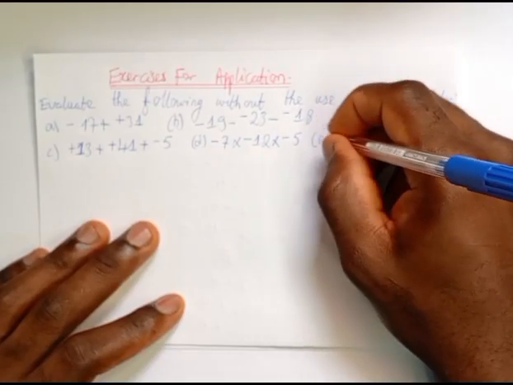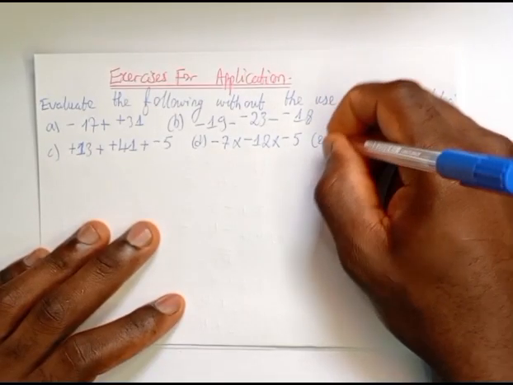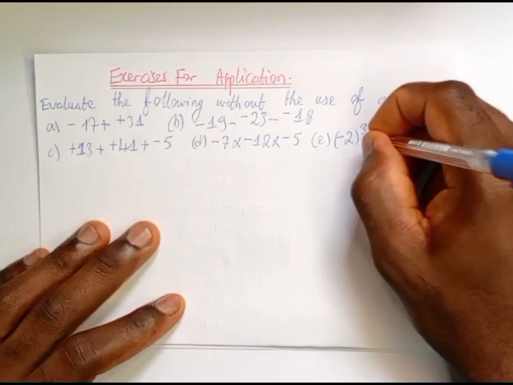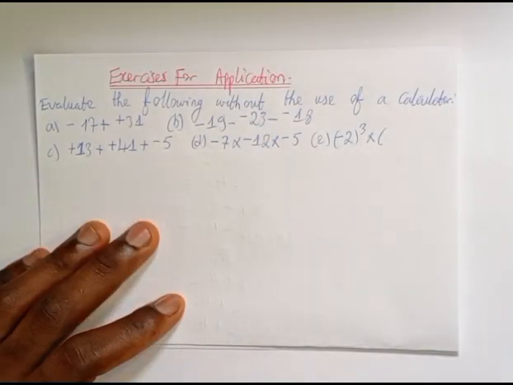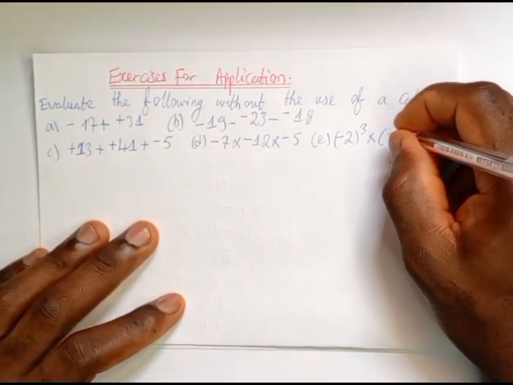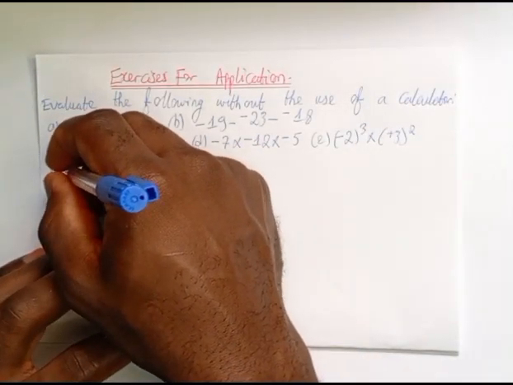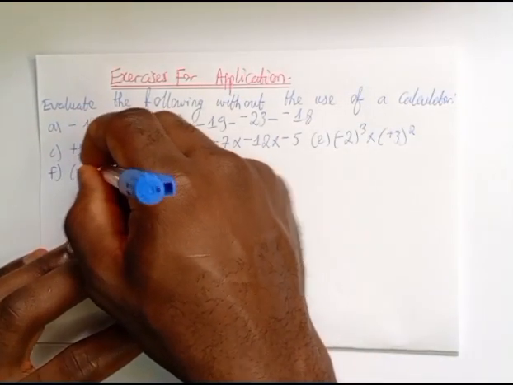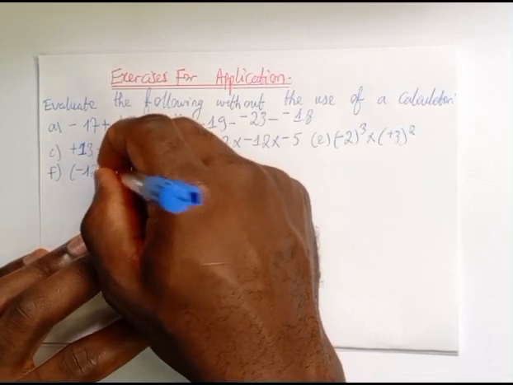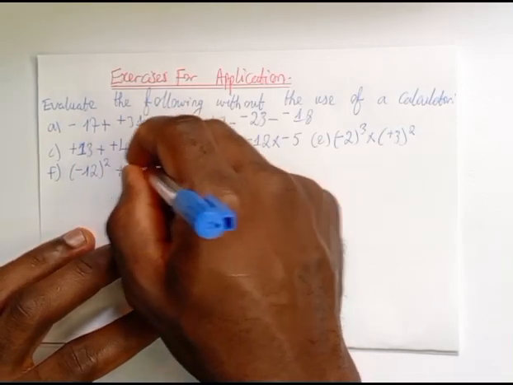For E, we have negative 2 all cubed times positive 3 all squared. For F, we have negative 12 all squared divided by negative 6.